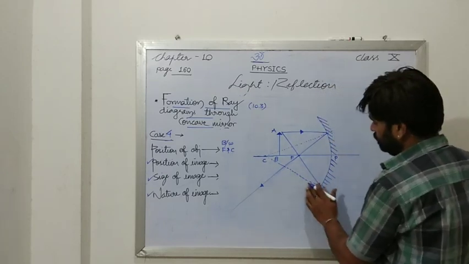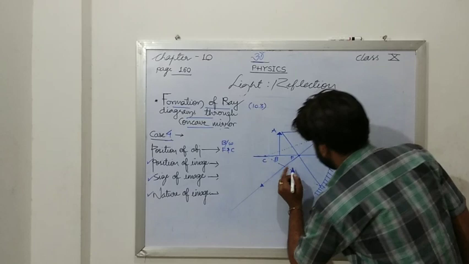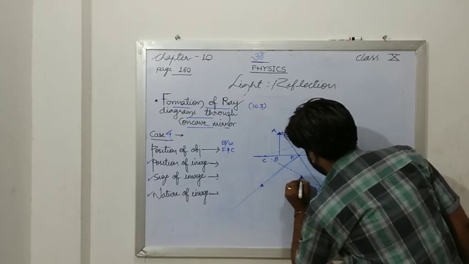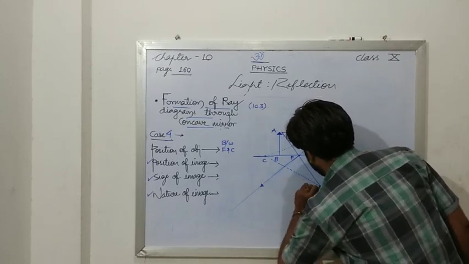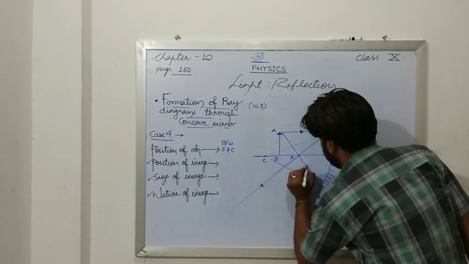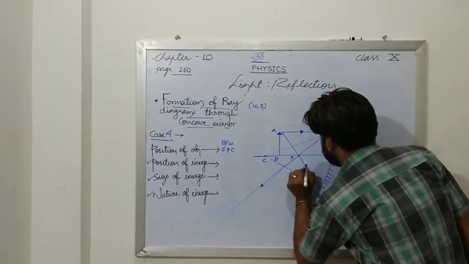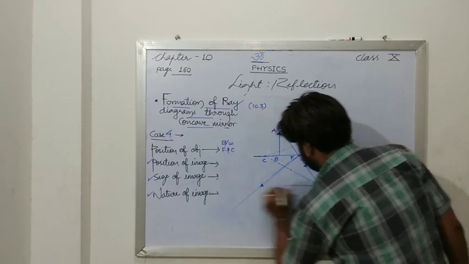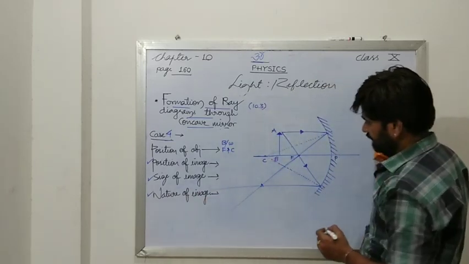Don't get confused with this normal, this is an essential process. Like oxygen for the ray diagram, and basics of geometry. So this is the incident ray, and just after reflection, it will pass through like this.